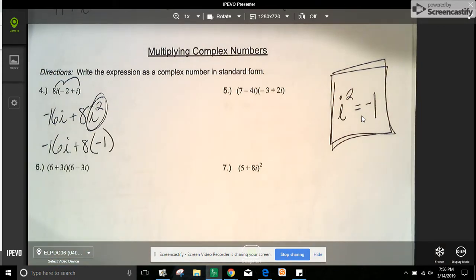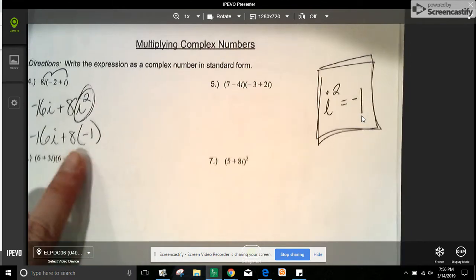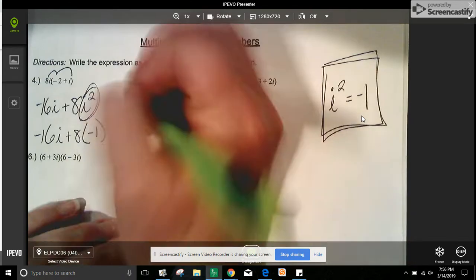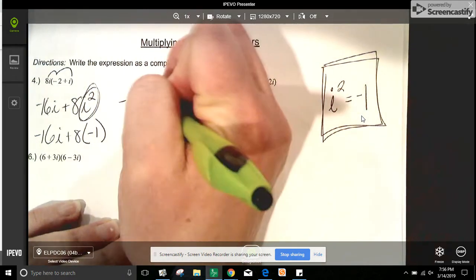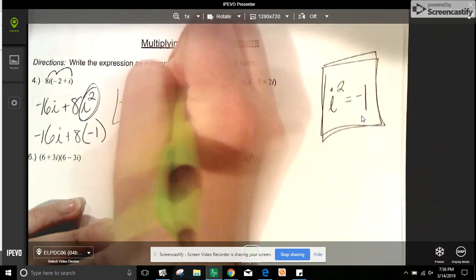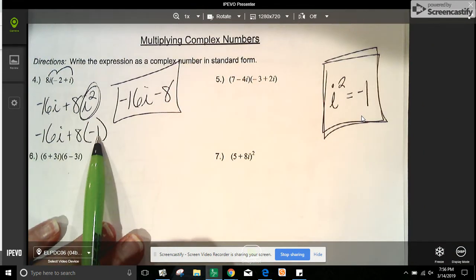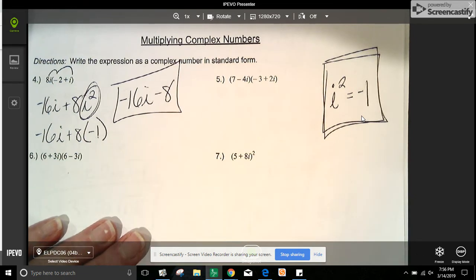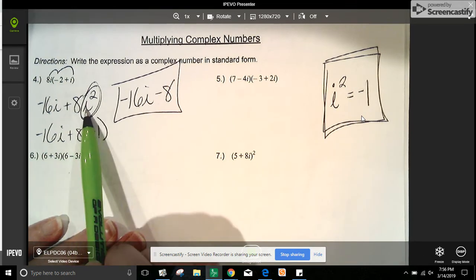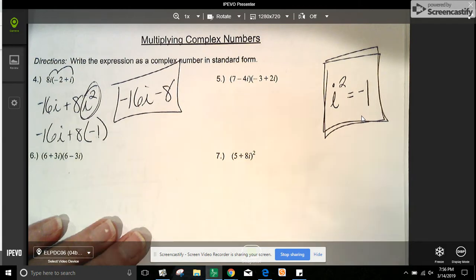So you replace the whole i squared with negative 1. So then this is really 8 times negative 1. So we get negative 16i minus 8 instead of plus 8, because i squared became negative 1. And then 8 times negative 1 is negative 8. So you should not have any i squares in your answers because it gets replaced.